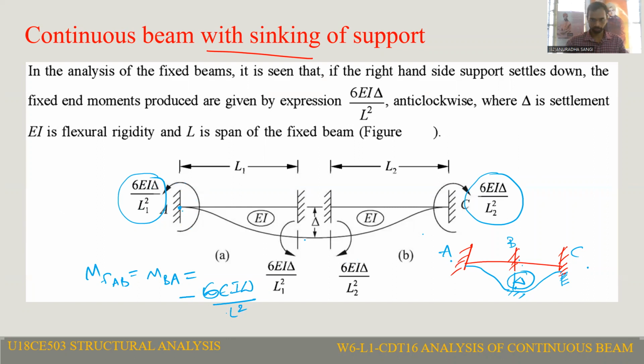But with respect to the right side support, if the left side support settles by delta, then the fixed moment magnitude is the same, 6EI delta by L square, but the direction is different.